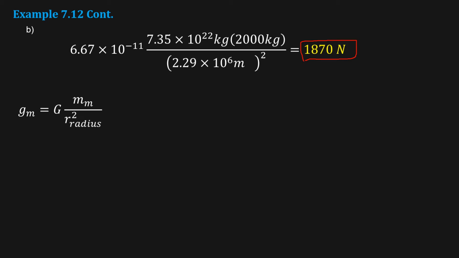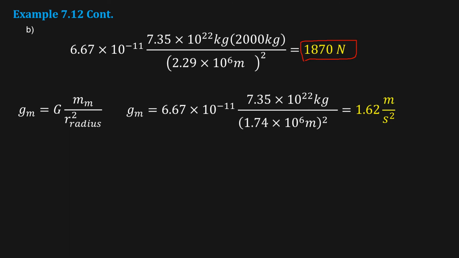And then C is to find the acceleration of gravity on the moon, which we need the mass of the moon and the radius squared times g. And so we do that and we get 1.62 meters per second squared.